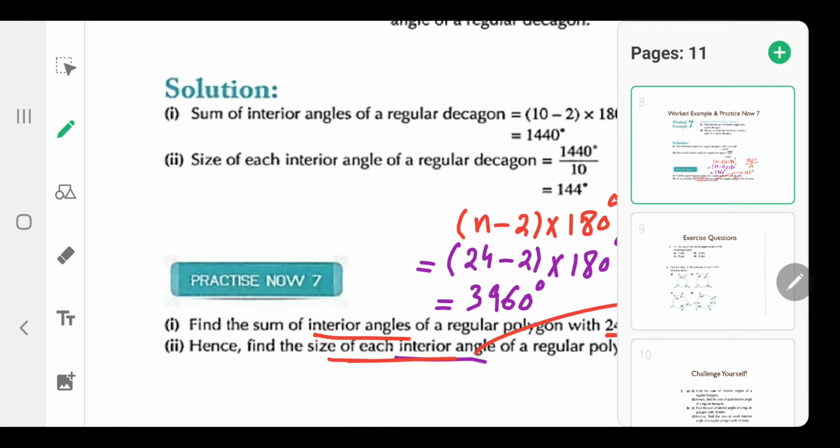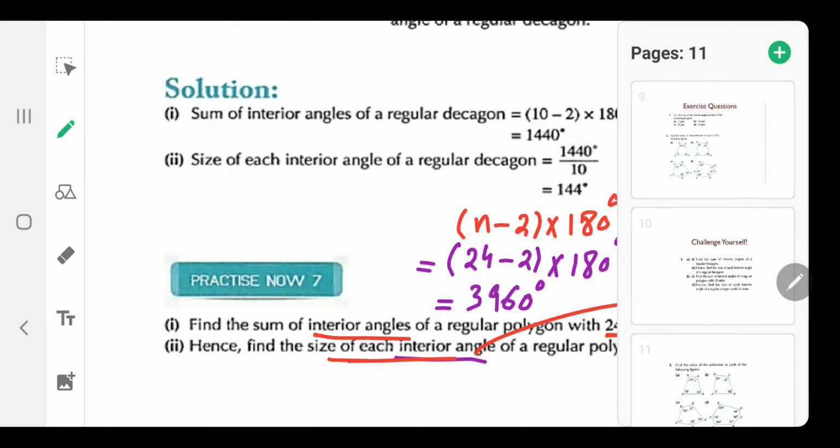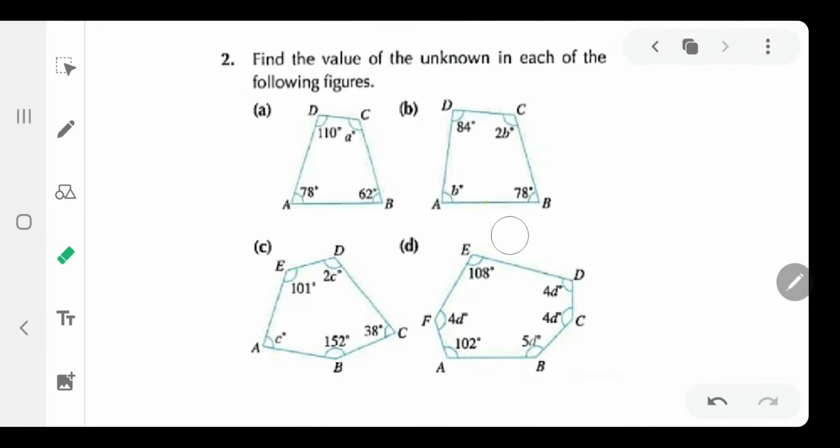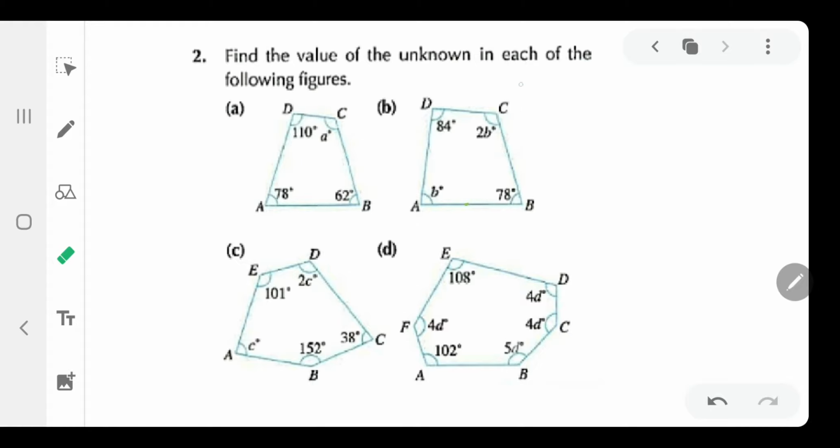So I move to this part here. Now, find the value of unknowns in each of the following figures. You have to find the value of unknowns, right?